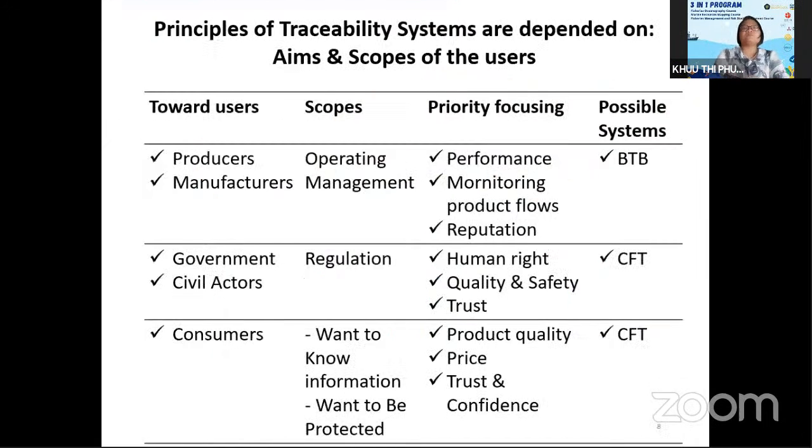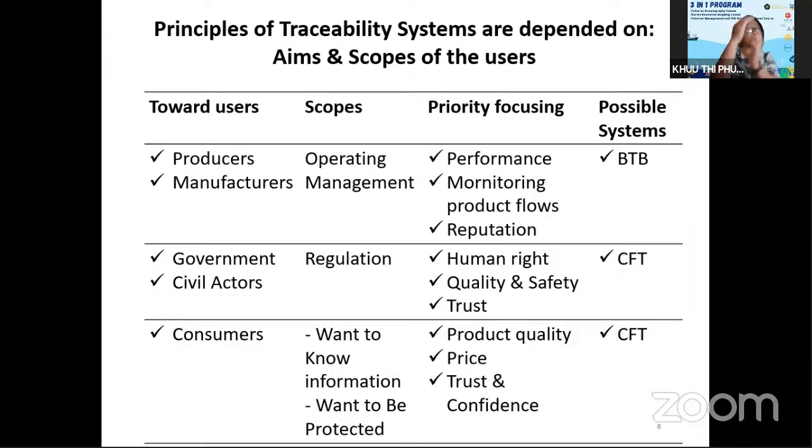And again, because traceability systems depend on the aims and scopes of the users. From the consumer's perspective, they only want to know the information and want to be protected, and they want to know whether the products they are purchasing or consuming are safe or not.